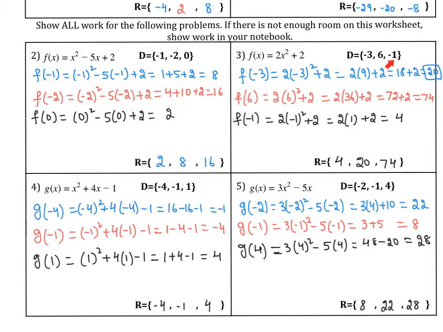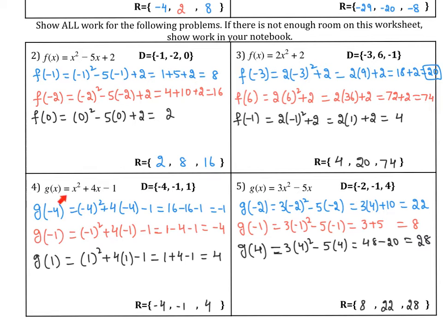Now going to use negative 1 for x value. So f of negative 1 equals 2 times negative 1 squared. So negative 1 squared is going to be just 1. So 2 times 1 is 2. 2 plus 2 is 4. So the smallest one is 4, and then 20, and then 74.